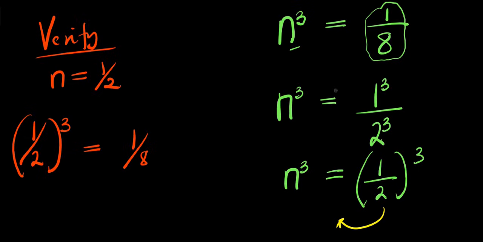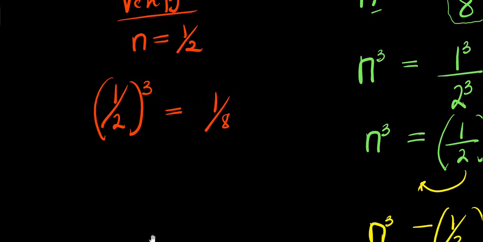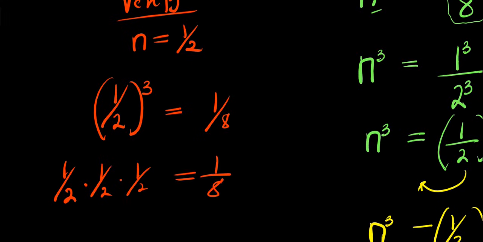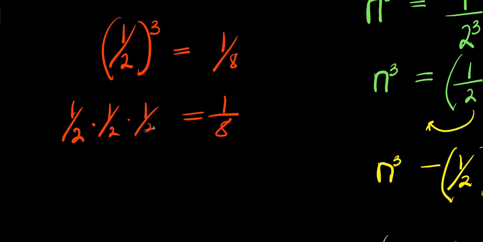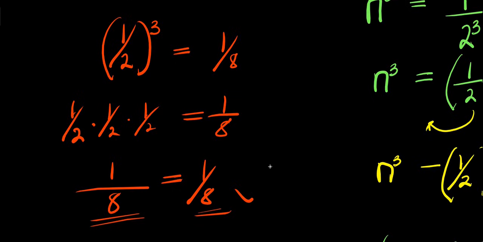We are substituting this 1/2 for n. So this means 1/2 times 1/2 times 1/2 equals 1/8. So let's multiply the numerator, 1 times 1 times 1, and 2 times 2 times 2, that is 8, equals 1/8. Left hand side equals right hand side. So that is it. Thank you. Goodbye.